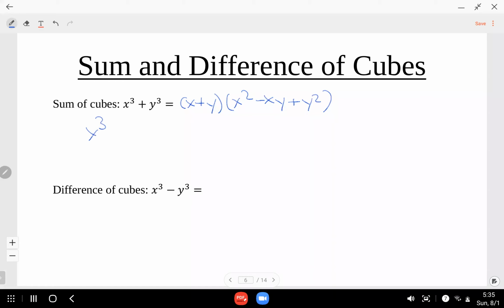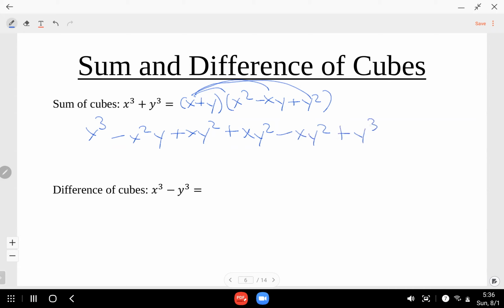So x to the third, let's multiply it out actually and prove it. Okay, so x to the third minus x squared y, plus xy squared, plus x y squared, and then minus xy squared, and then plus y cubed.